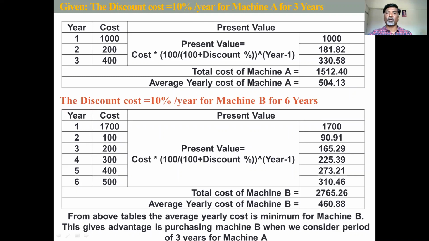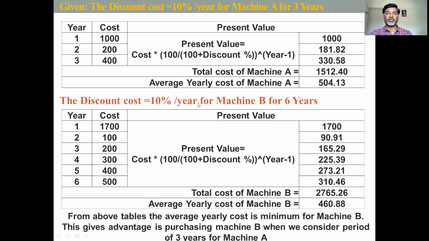Then average yearly cost is the total cost divided by number of years. We calculated this for 3 years, so if you divide the total cost by 3, you will get the average yearly cost of machine A as 504 rupees 13 paise.